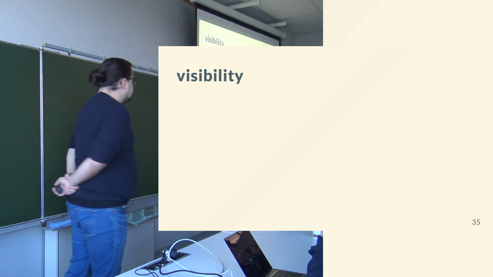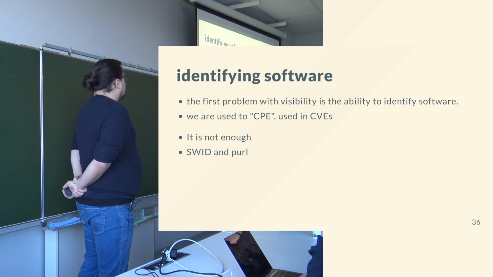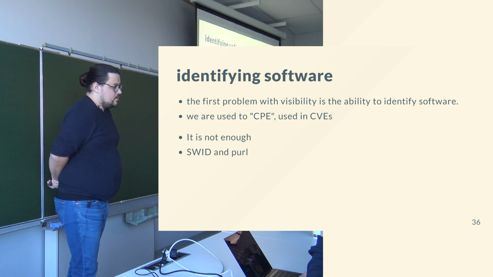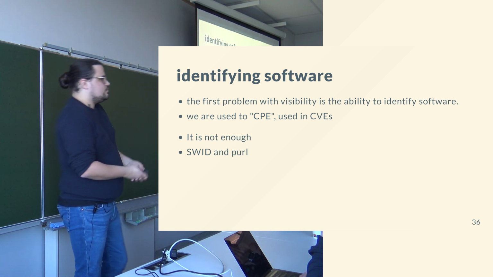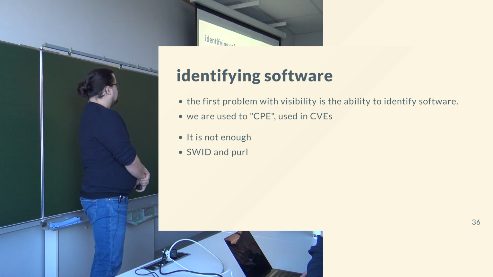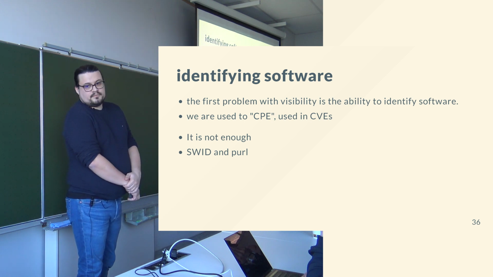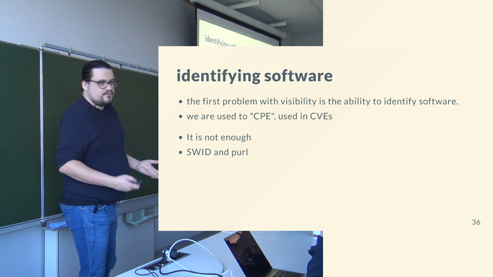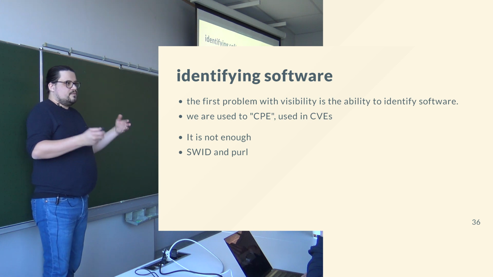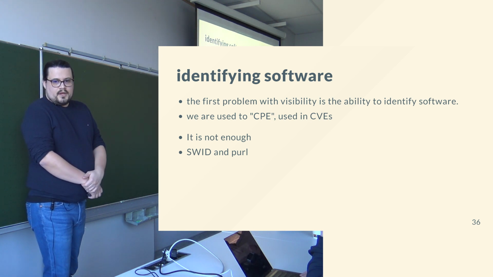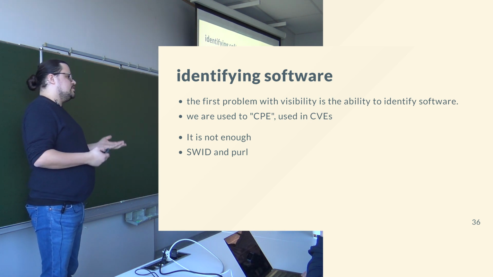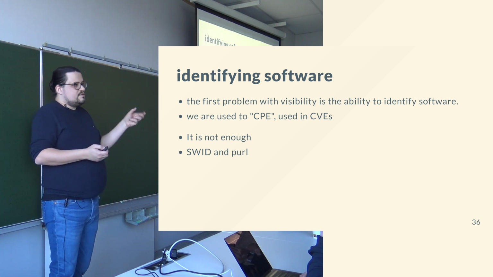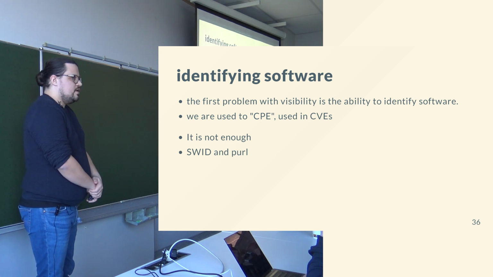So how to address the visibility problem? We want to give the users a list of the components with their versions. The first problem is that actually identifying software is a hard problem, and it's becoming harder and harder. We are traditionally used to CVEs, including a CPE identifier.